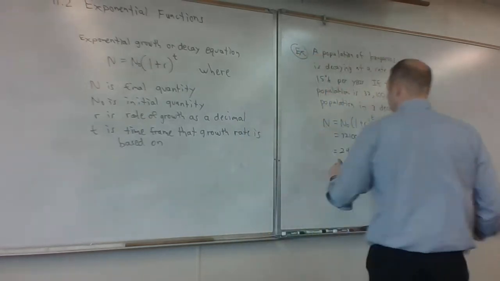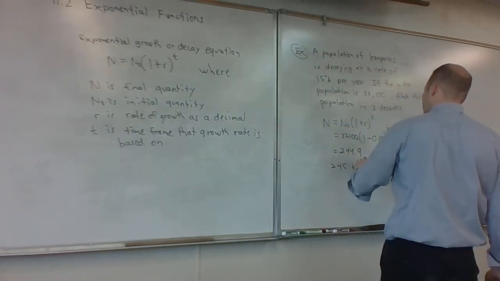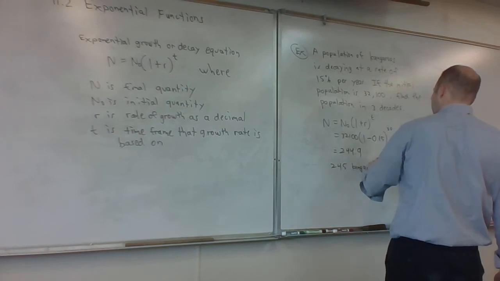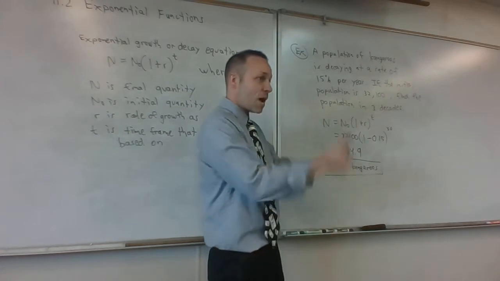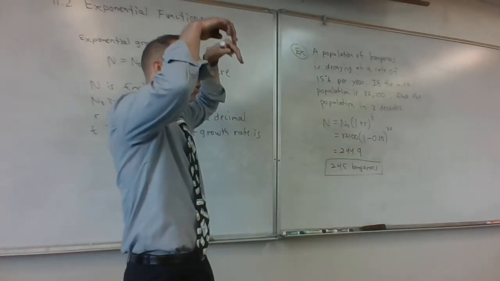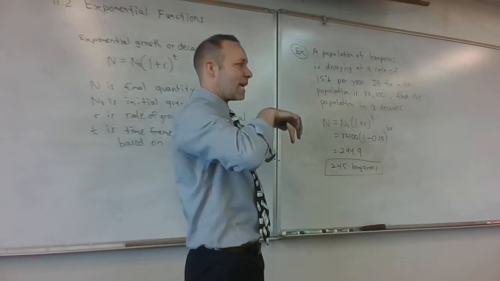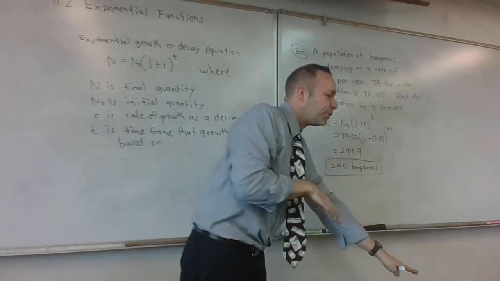So I would say my answer here is 245 kangaroos. I'm not rounding up to 245 because 0.9 rounds up. I'm rounding up to 245 because that was the last whole number of kangaroos that I had, and I haven't decayed down to the next whole number yet.